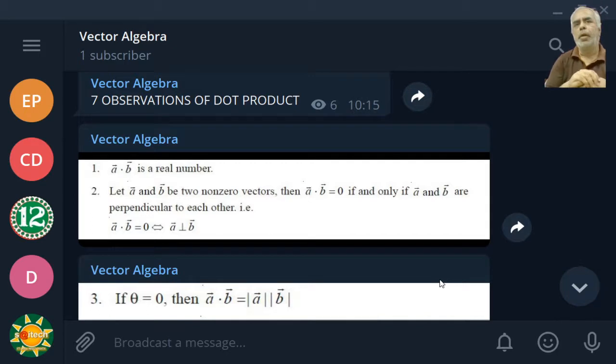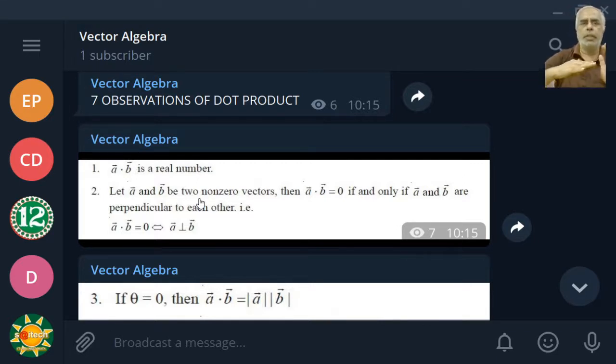Second point: let vector A and vector B be non-zero vectors, which means they are not zero. But when the result is 0, that is vector A dot vector B equals 0, this is possible if and only if vector A and vector B are perpendicular to each other.